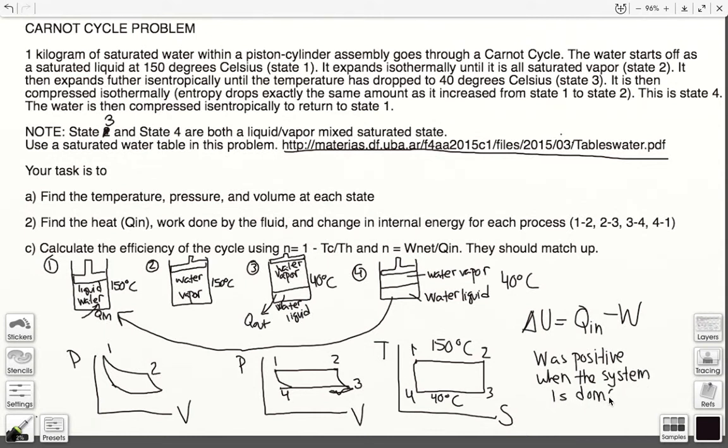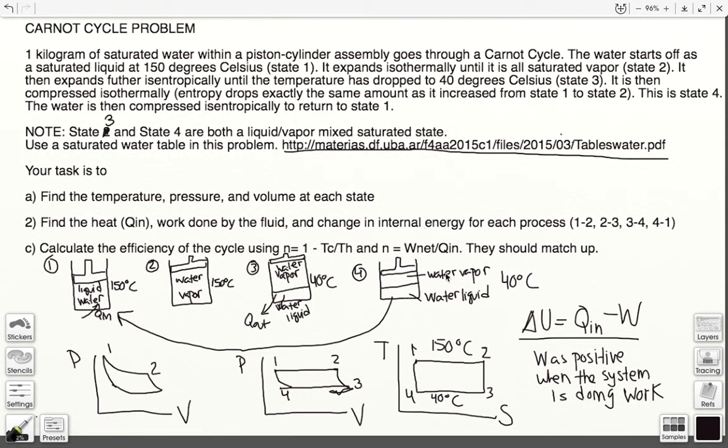And we define it as negative when work is being done on the system, or when the environment is doing work on the system. So W is positive when the system is doing work. And so you'll be using this relationship and again the saturated tables for this part here.